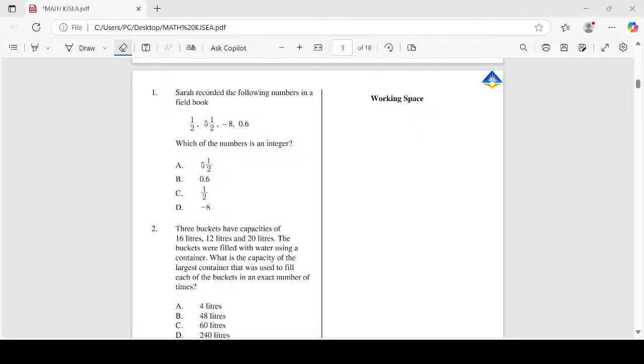Now, for you to know which numbers are integers, learners, we need to know integers. An integer must be a whole number. When you get something we call an integer, rule number 1, it must be a whole number.